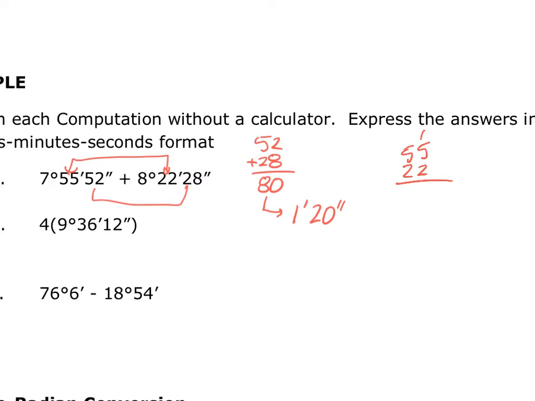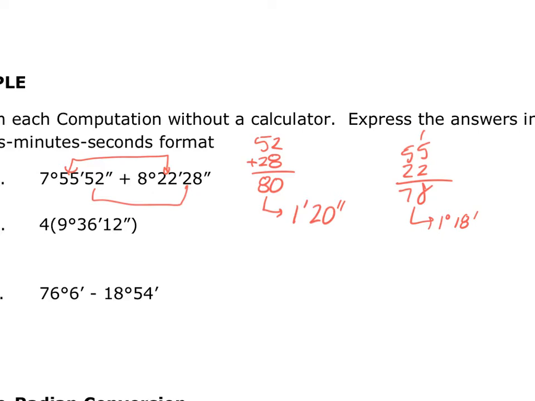Okay. So when we do this addition, we're just going to continue as a refresher. We have 55 plus 22 plus 1 more, and you get 78. Pull off a 60. When I pull off a 60, what do I have left over? 18?